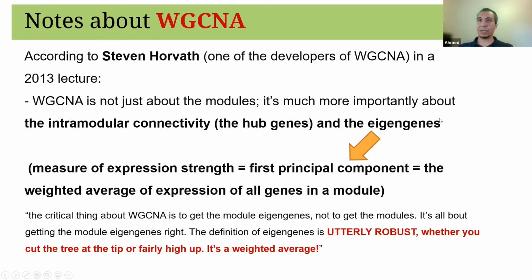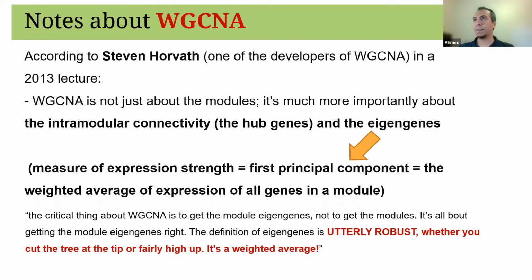They allow you to link your module with other modules in the same network, or with modules from totally different networks, or you can use this module and link it to your environmental data. So you have something that you can quantitatively link to so many other things. And that's the importance, from their perspective, of these intramodular connectivity preservation and the modules that were generated for the WGCNA.